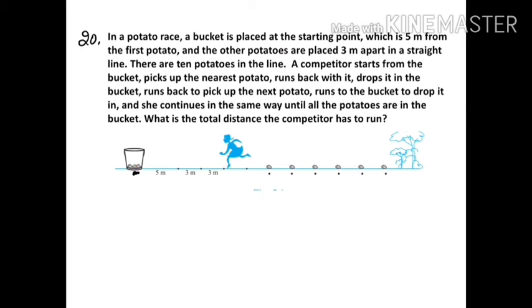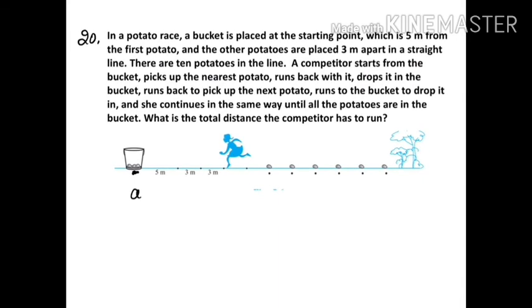And so on, we add all the distances that are covered in picking up 10 potatoes. So we can form an AP in this question where each term of the AP is the distance that the competitor covers in picking up each potato.